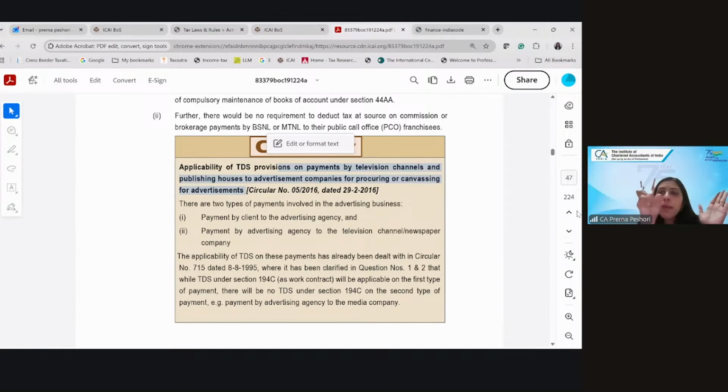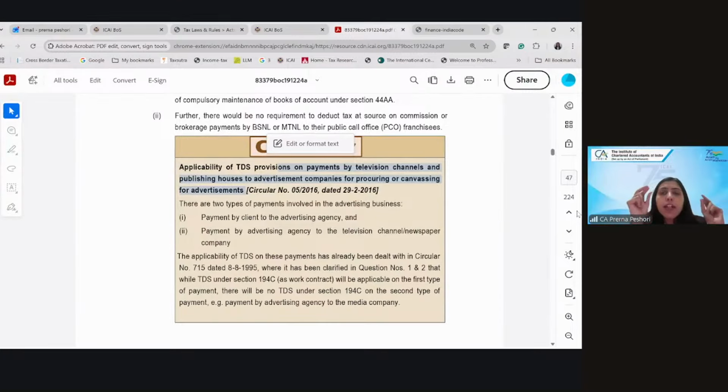So Doordarshan will make payment to the advertisement company to get this particular advertisement running on Doordarshan slot. So there are two payments involved in the advertising business. One, when Nirma will pay to the advertising agency for giving them the slot of advertisement. And second, the payment by the advertising agency to the TV for the purchase of that slot.